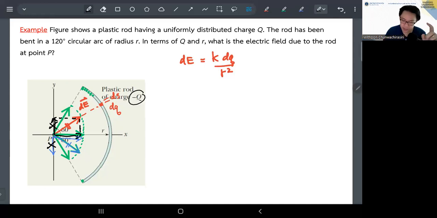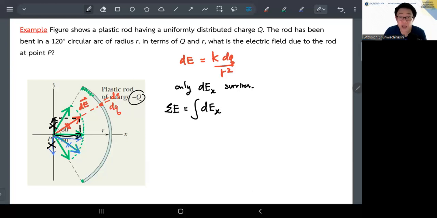Once again, only the x component survives. You only have to talk about the dE in the x direction, and all you have to do is sum all those. So the net electric field will be the sum of those dE along the x direction. That's all I have to do.